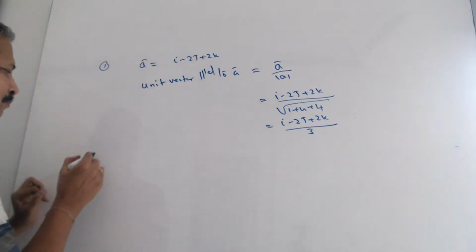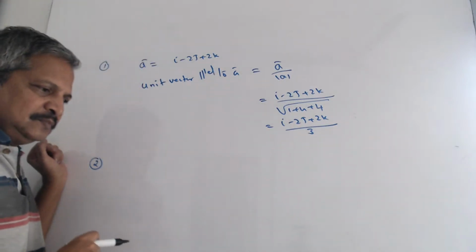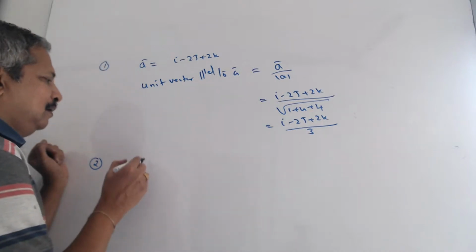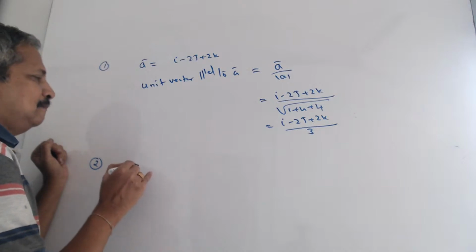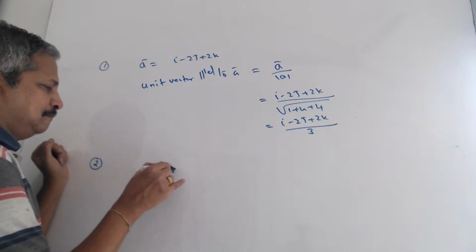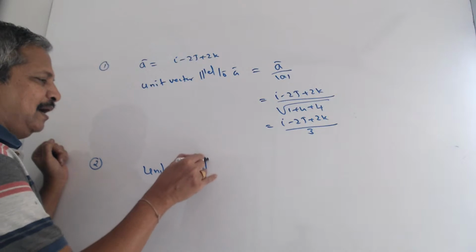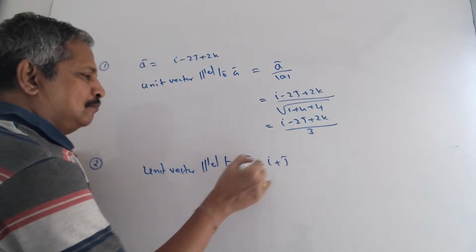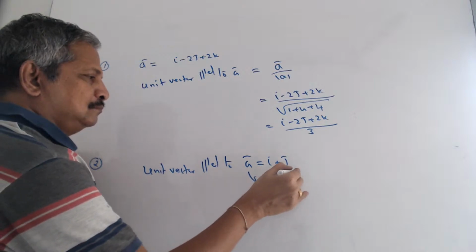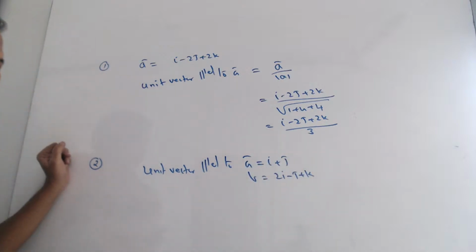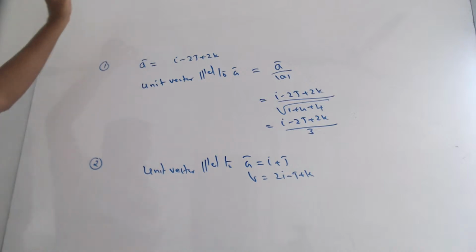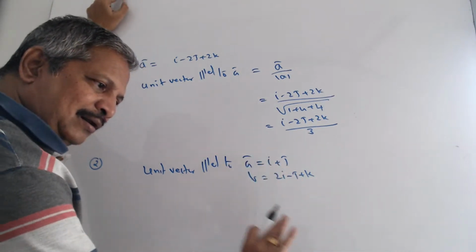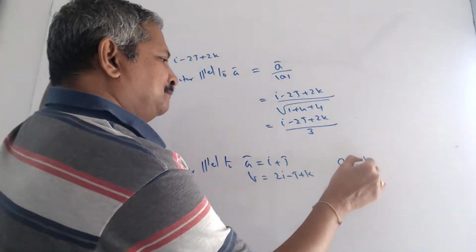Problem number 2. There are many assumptions and logics also that we will use. Slowly we'll do that. Next, the unit vector parallel to A bar and B bar.